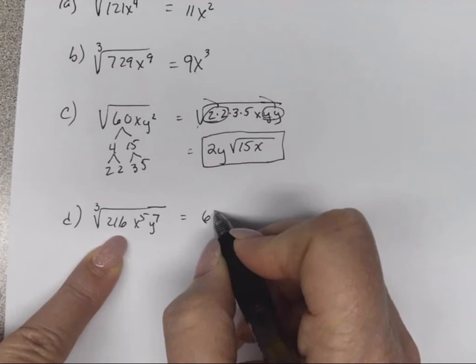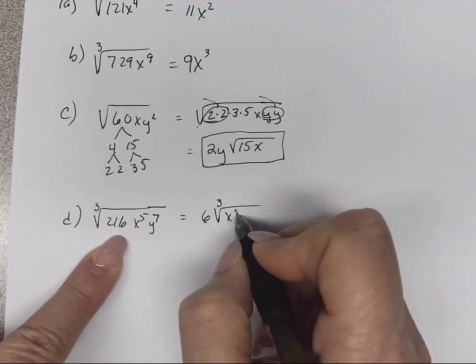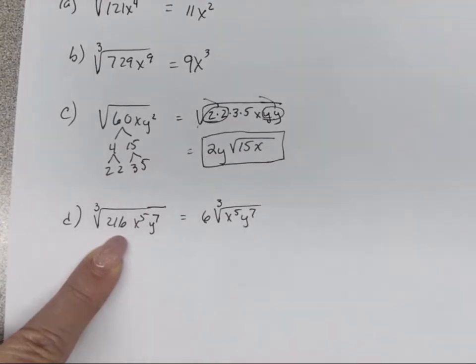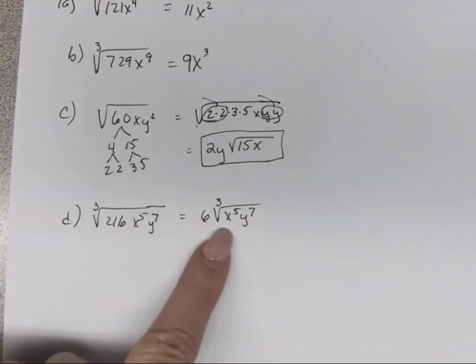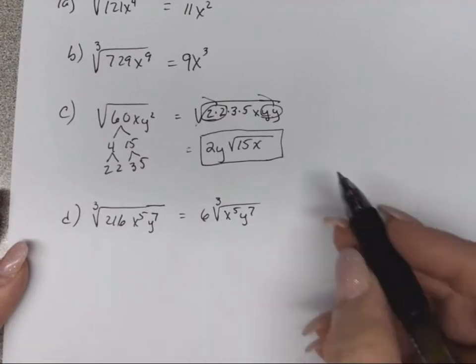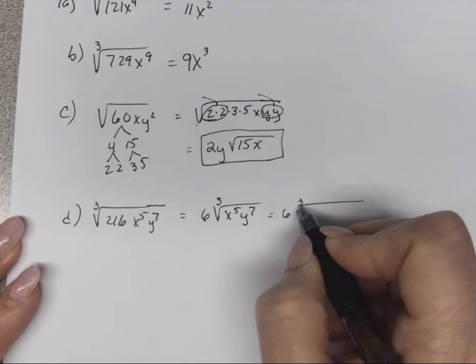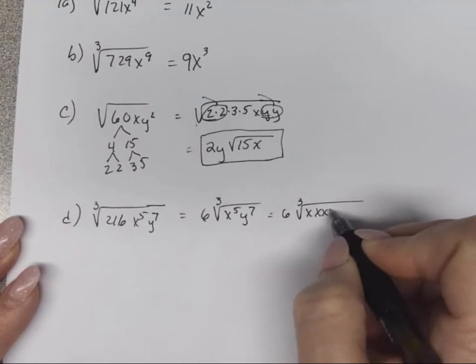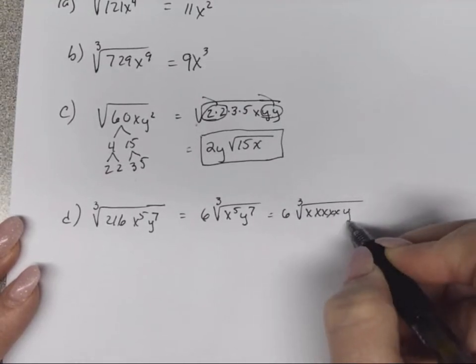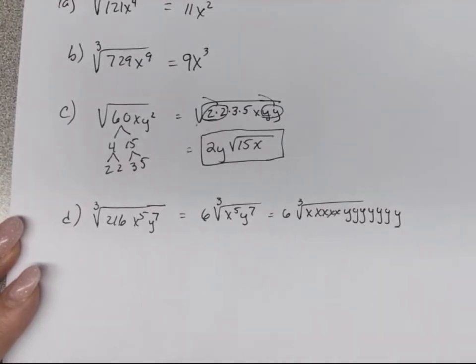And then I still have, I'm going to work this in stages here, 6x to the fifth, y to the seventh. So I've got to figure out that part there, because these don't just divide by the 3. You can write these out as 1, 2, 3, 4, 5 x's, and 3, 4, 5, 6, 7 y's.